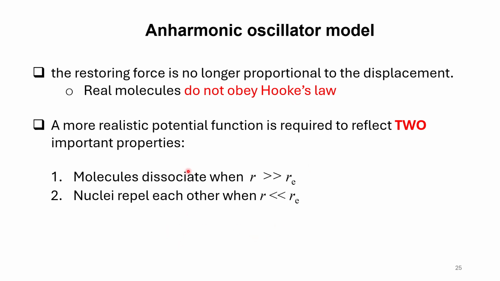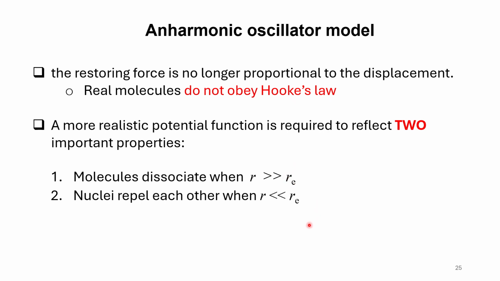Therefore, an anharmonic oscillator model recognizes that real molecules do not obey Hooke's law, and the restoring force is not proportional to the displacement. A more realistic potential function must reflect two properties. Number one is that the molecule dissociates when the internuclear distance is much greater than the equilibrium distance, where R is very large compared to R equilibrium.